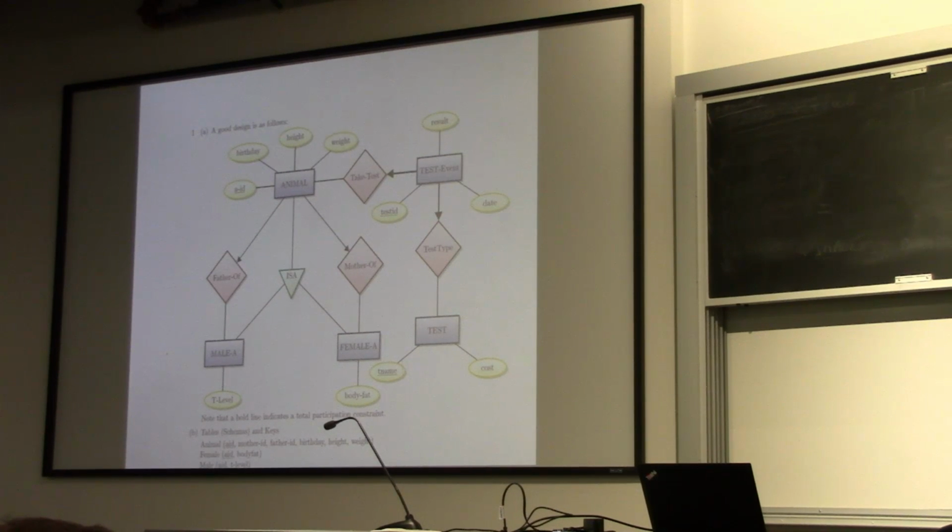What you have proposed is exactly that, which is you are taking the key, the mother ID and the father ID, which, by the way, are just animal IDs themselves. I just call them mother ID, father ID to distinguish them from AID. Suppose I were to convert those to tables, I will have an animal table, a female table, and a male table.